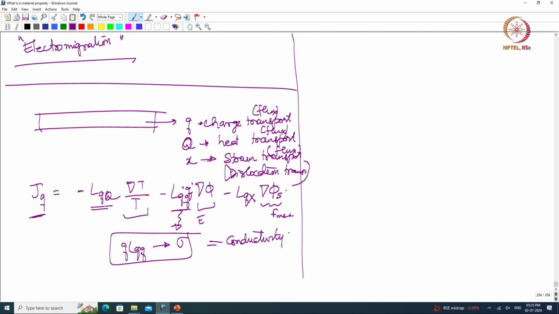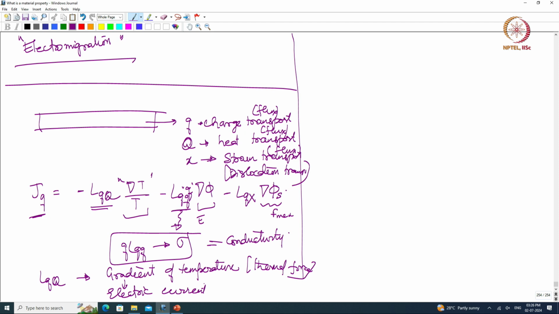By having a gradient of temperature, or by having a thermal force, I am creating an electric current.